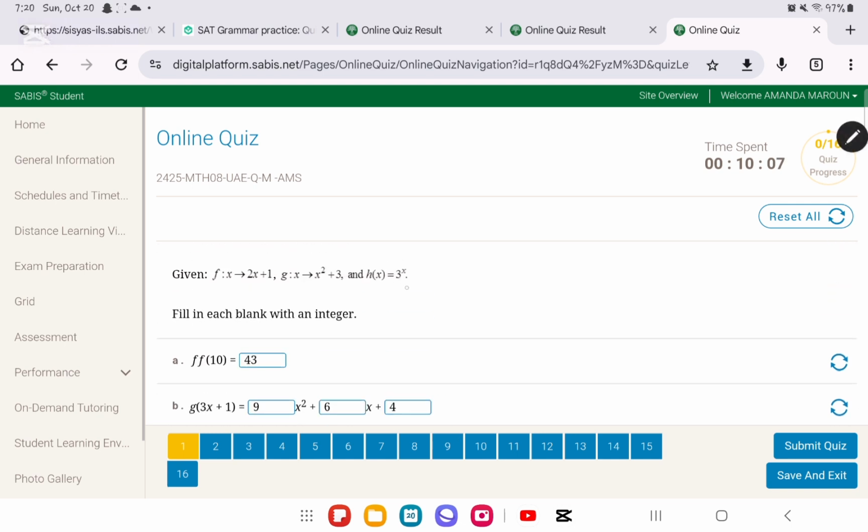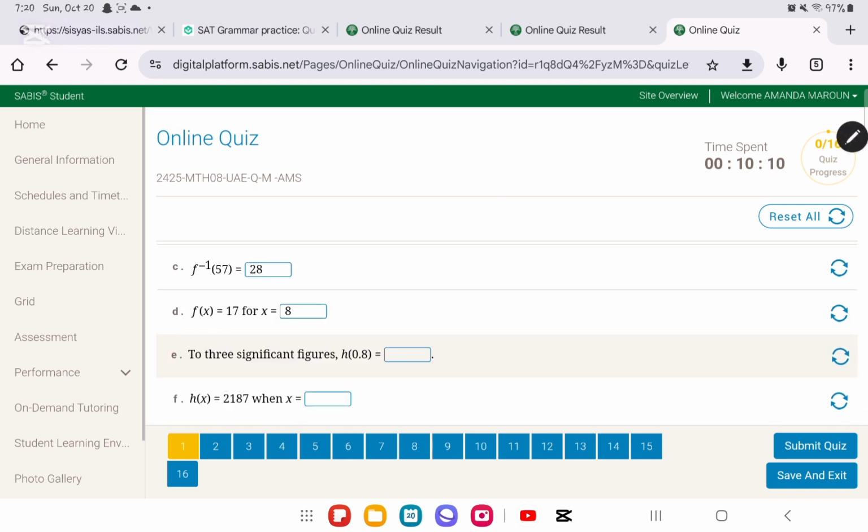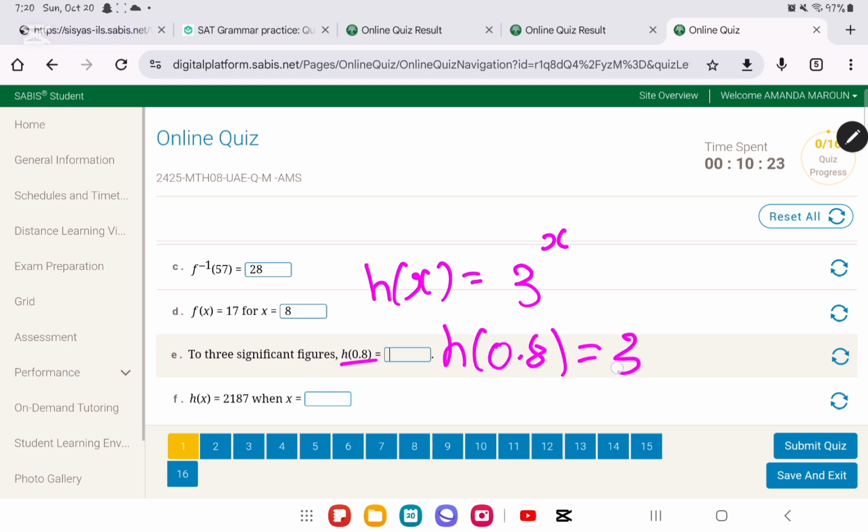Let us go up. h(x) is 3 to the power of x. So if we have h(x) is equal to 3 to the power of x, and they gave us that the function is h(0.8), that means we're gonna have to replace every x by 0.8. So it's 3 to the power of 0.8.